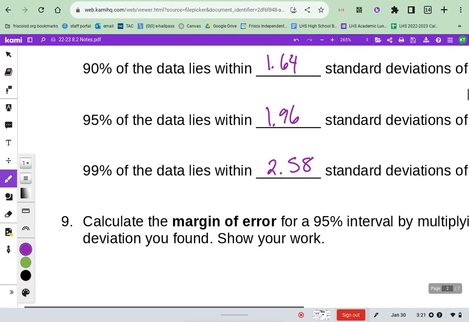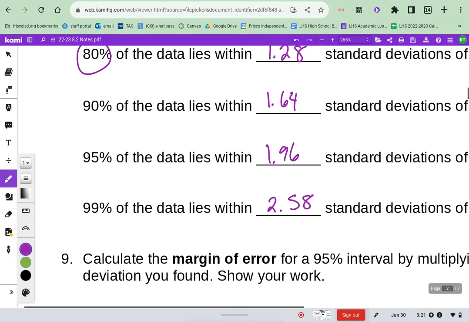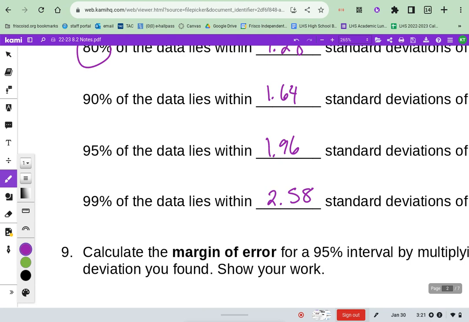Wait, I did the same thing and I didn't get that. So I just go to inverse norm and then put the number as the area. Yeah, so for the last one, I have inverse norm and then 0.005, comma 0, comma 1. Wait, what? Can you repeat that? Yeah, 0.005, comma 0, comma 1. Oh, so you're doing the part that's not in it?